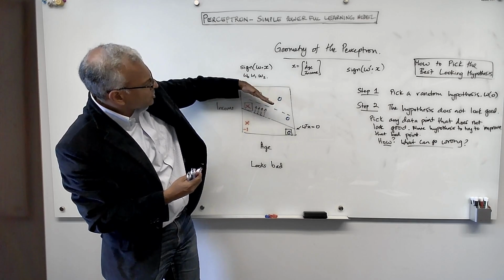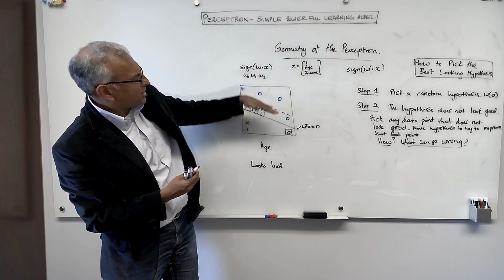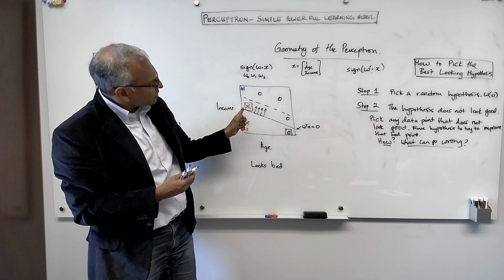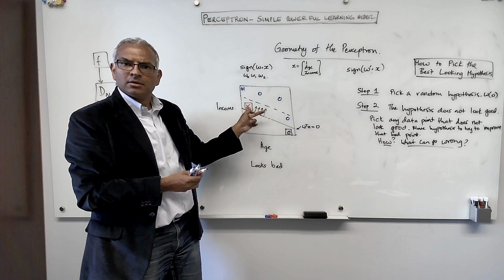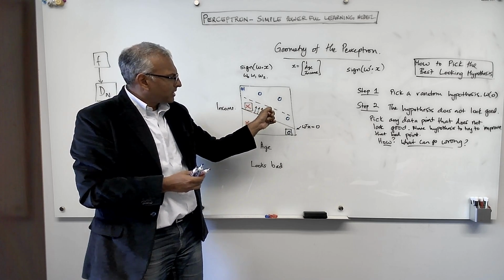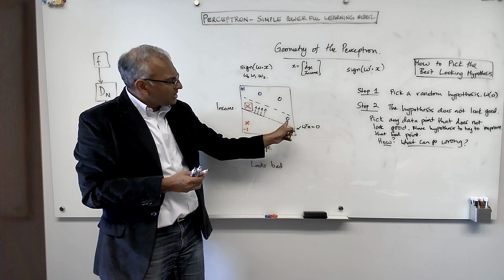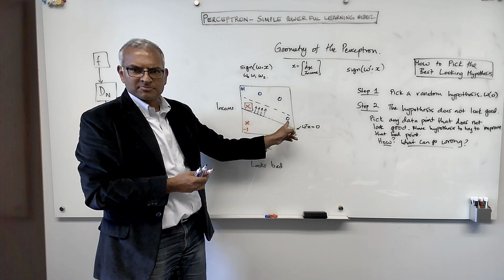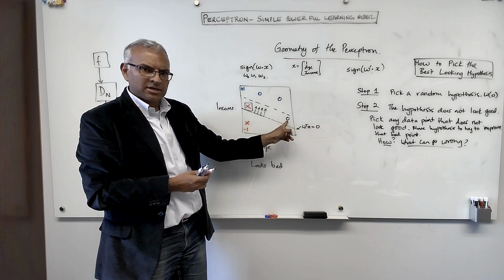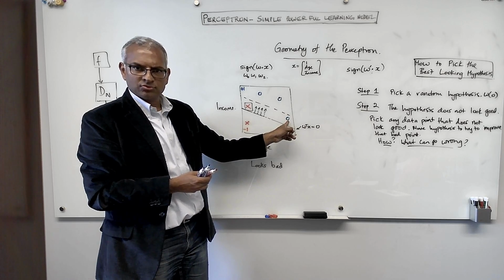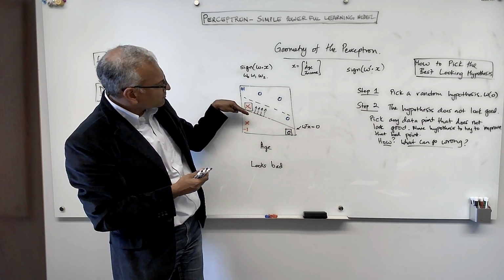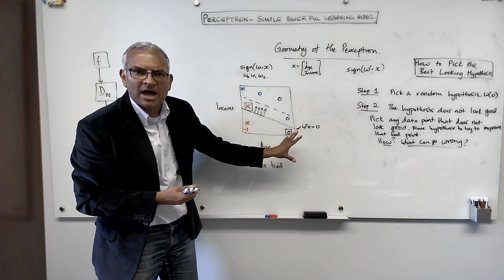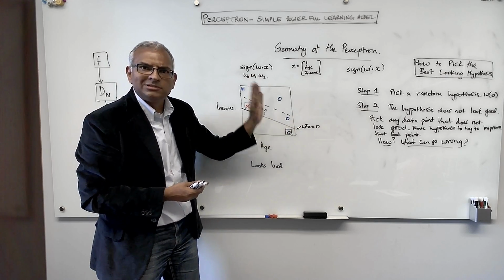We end up here, so everything above there is now blue, everything below here becomes red. So while we did improve this guy and make this guy classified correctly by that line, we've made the situation worse for this guy, and that guy has now become a red, but it's actually a blue O. Okay? So what can go wrong is in improving the situation for one data point, we might mess up other data points. Okay, we'll deal with that later.